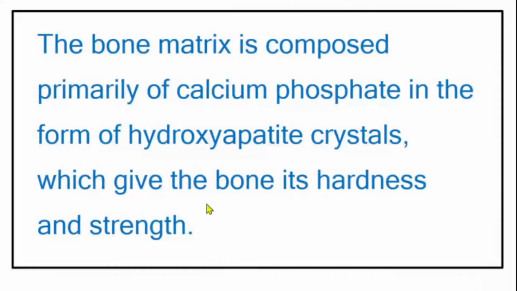The bone matrix is composed primarily of calcium phosphate in the form of hydroxyapatite crystals, which give the bone its hardness and strength. The main components of bone are calcium and phosphate, in the form of hydroxyapatite. So that is the thing that gives bones their hardness and strength.